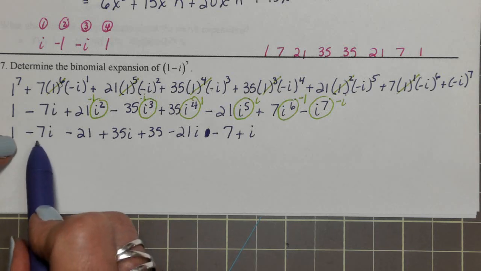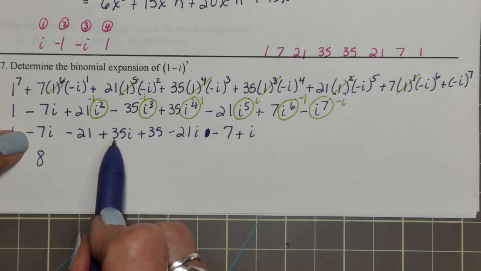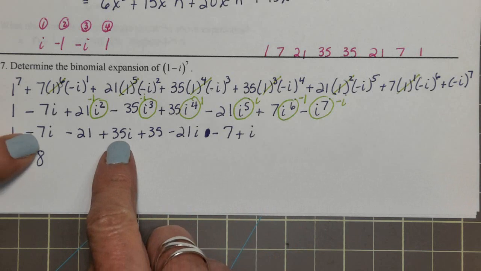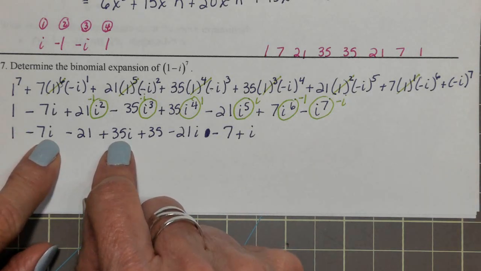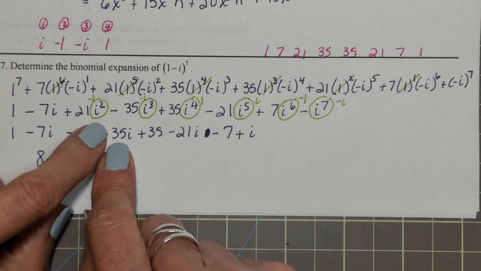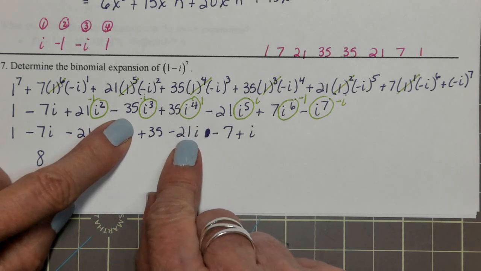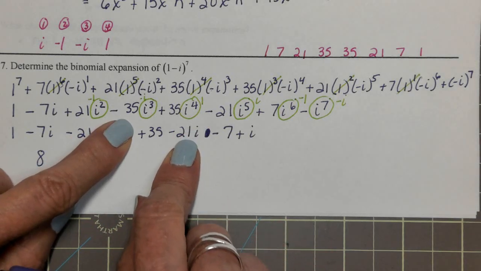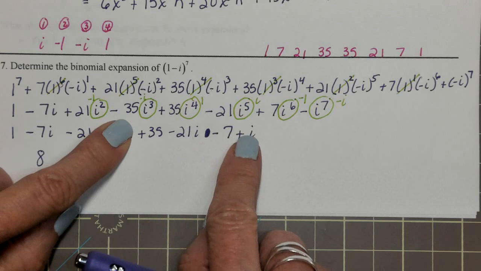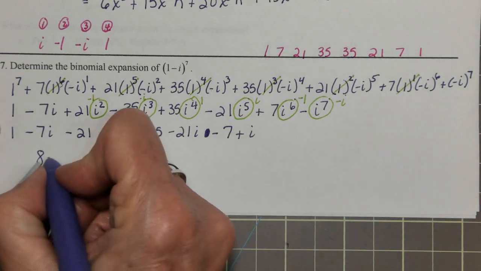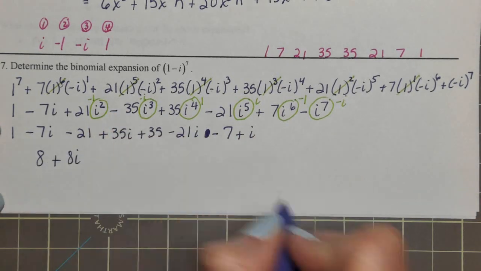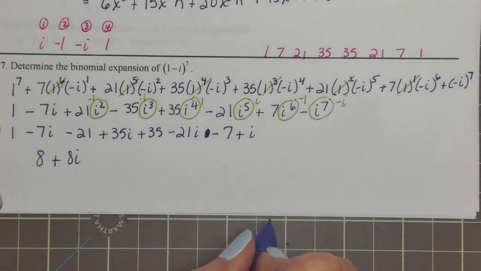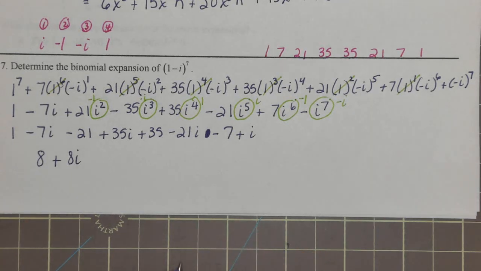Okay, negative 7i plus 35i, that'll be a positive 28i. Positive 28i minus 21i is positive 7i plus 1i is positive 8i, and I will be shocked if I did that right with my adding. But there's a way we can find out.